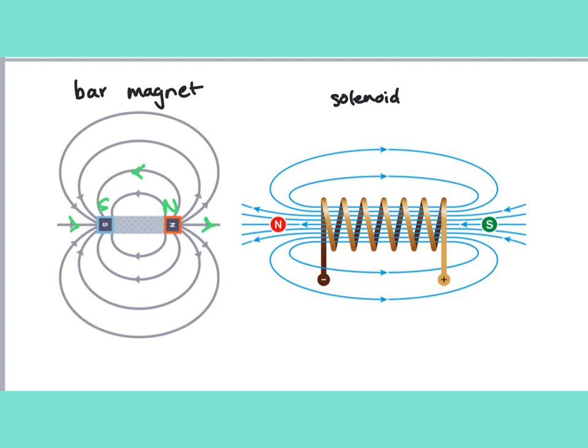And in our diagram on the right, which is our solenoid, again we have our magnetic field pointing away from the North Pole and towards the South Pole. So the fields that the two of them generate are the same. So let's move on to our next diagram.